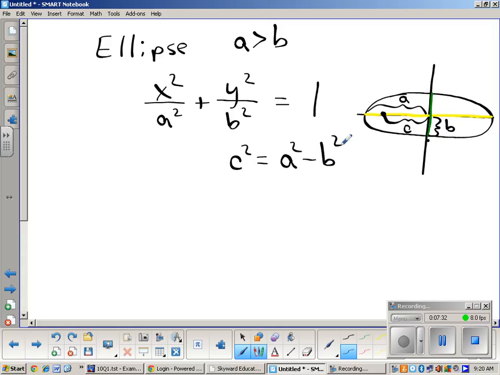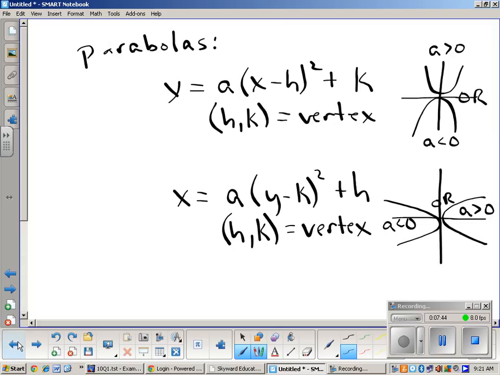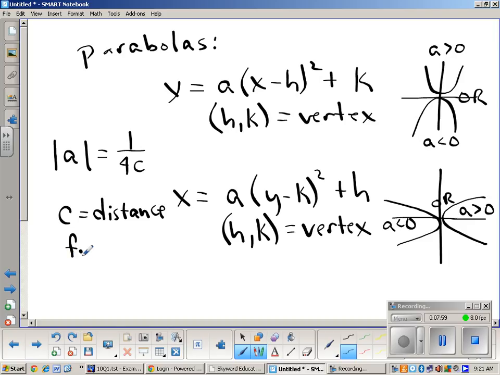It makes me realize I forgot to mention the focus in the parabolas. We should probably go back and write that down. In fact, I'll do it right now. We should remember that the absolute value of A is equal to 1 over 4C, and C is the distance from the focus or directrix to the vertex.